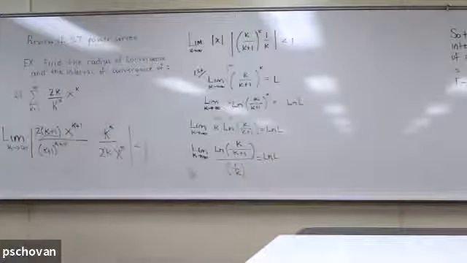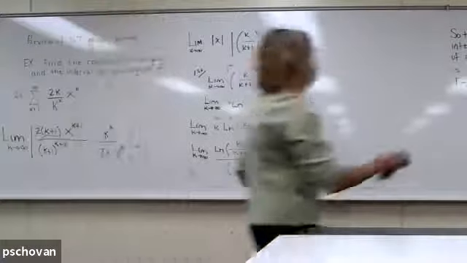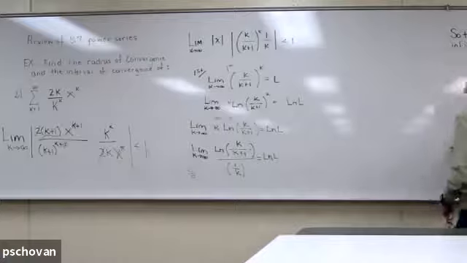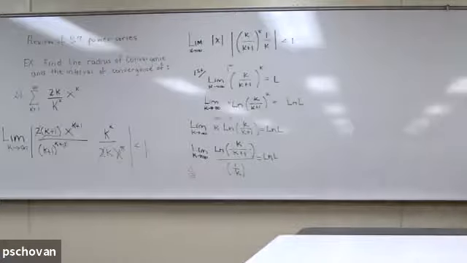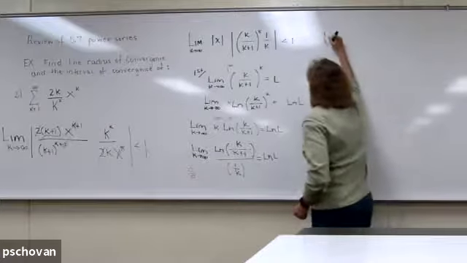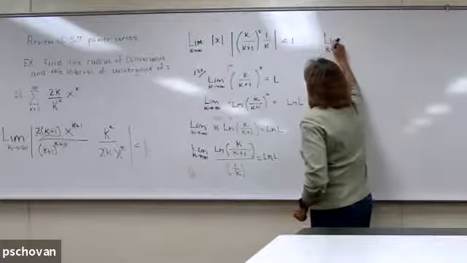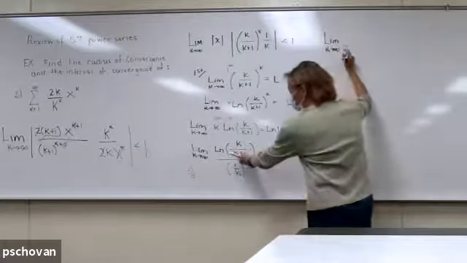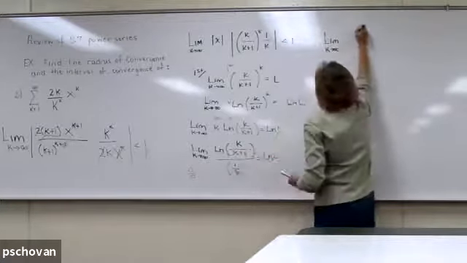So we take the derivative of the top, divide it by the derivative of the bottom, and see if we can take the limit from there. On top, I have a logarithm. The derivative of the log of u is 1 over u times u prime. So 1 over u gives me k plus 1 over k.